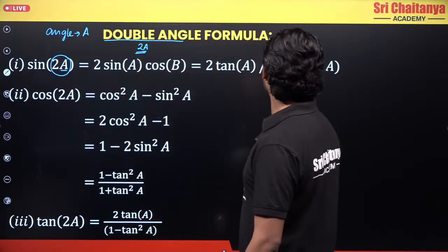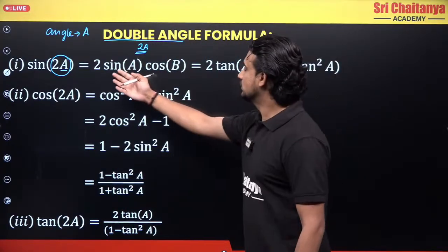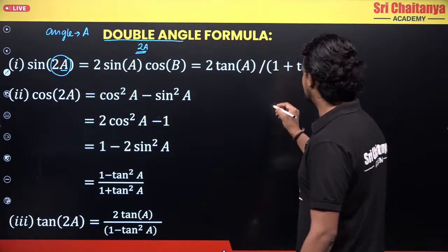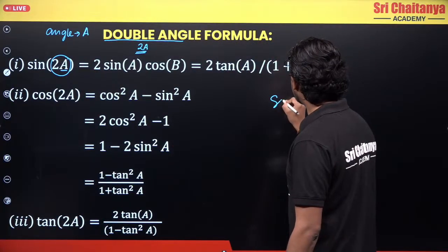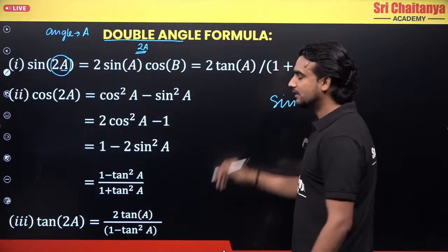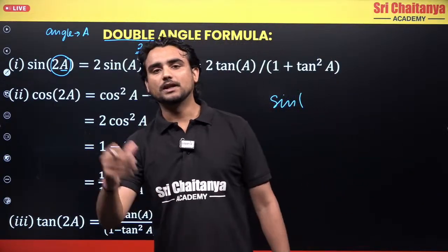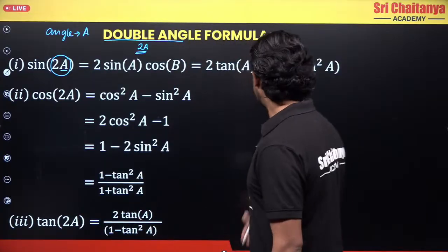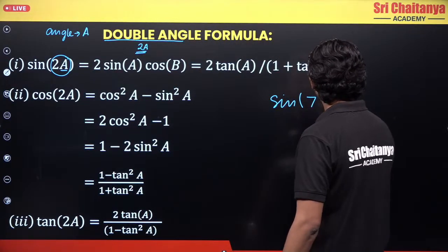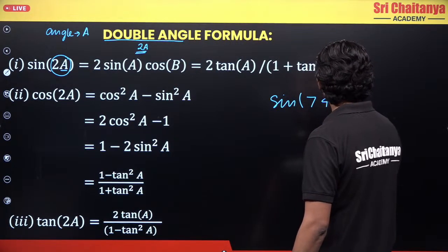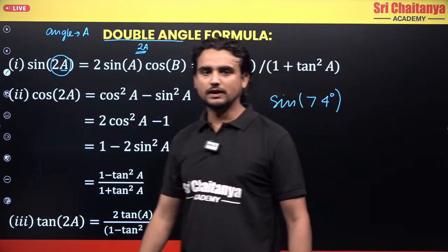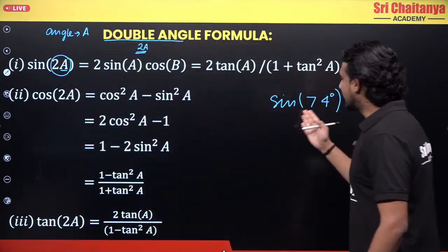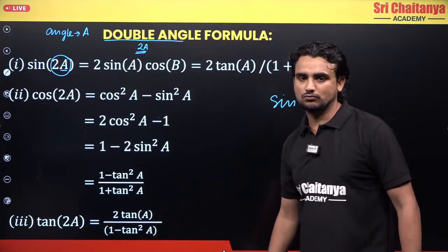Now let's suppose, what type of question can be given in this? Let's say I want to find the value of sine 74 degrees. Do I know the value of sine 74 degrees? No, I do not.